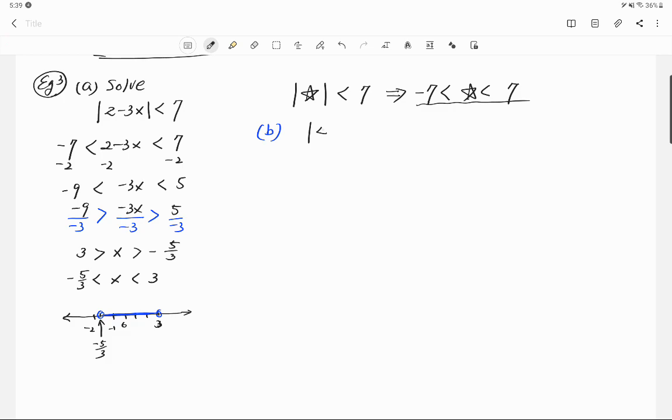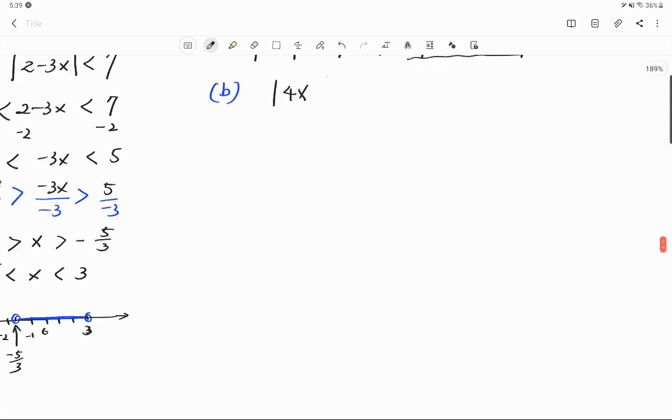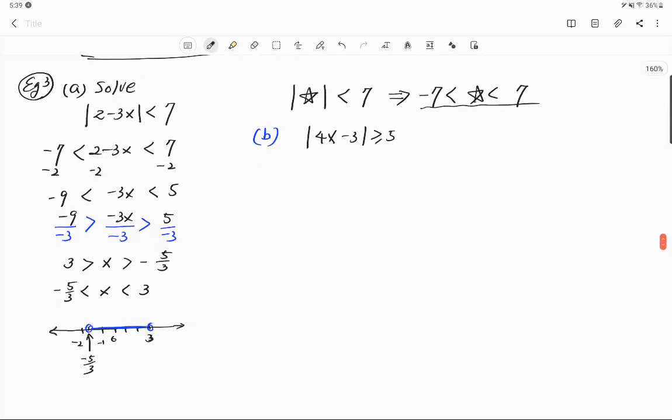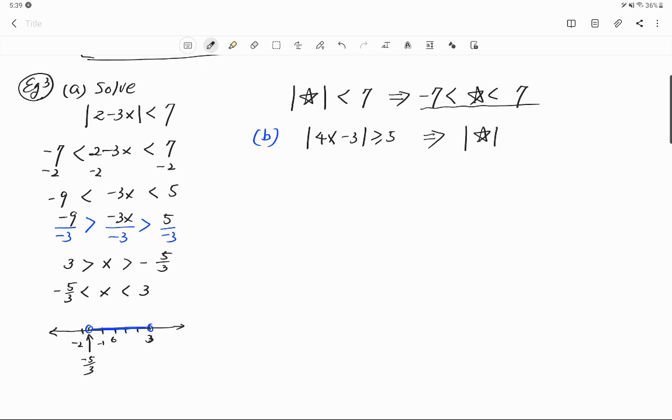Now the absolute value of 4x minus 3 is greater than or equal to 5. If this is greater, then the star is outside, right? Let's say there's an equal sign.